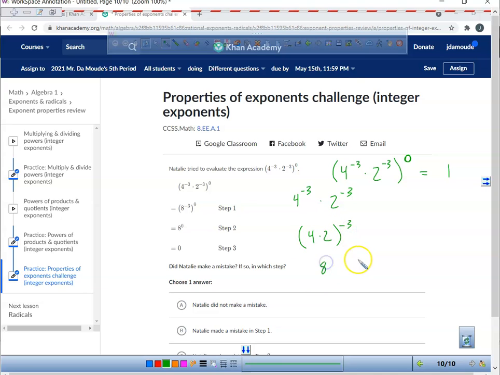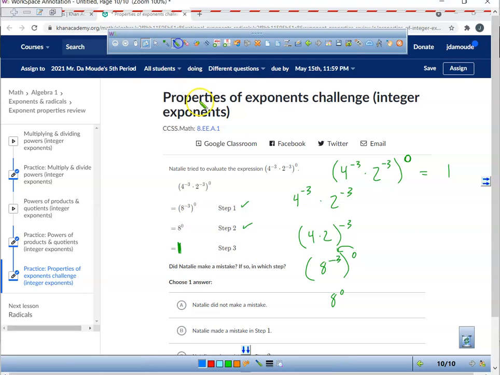So that could be 8 to the power of negative 3. So yes, I guess that could still work. So step 1 could work. And power to a power is 8 to the power of 0, so that would work. So step 3 is where that should be a 1.